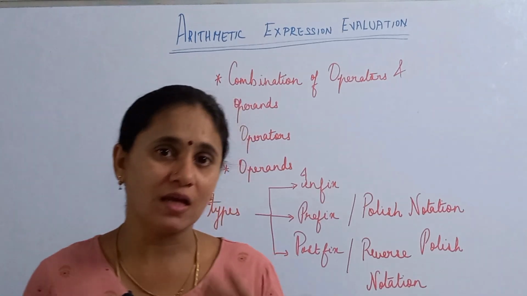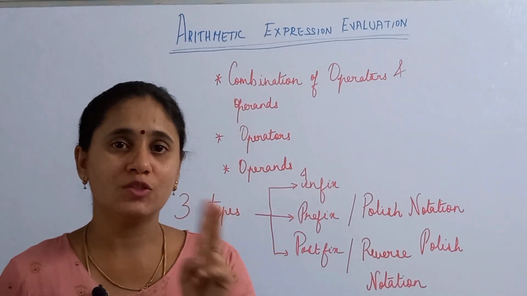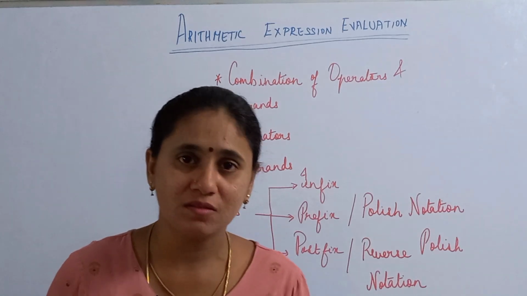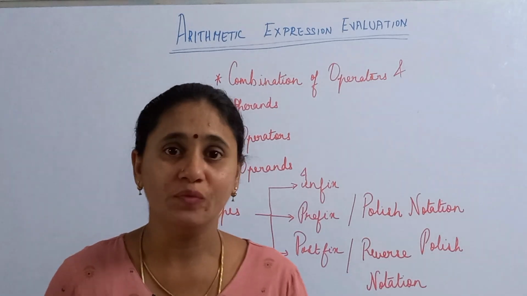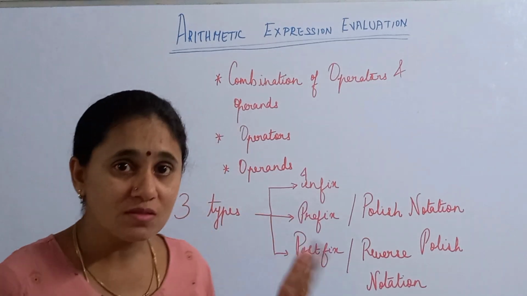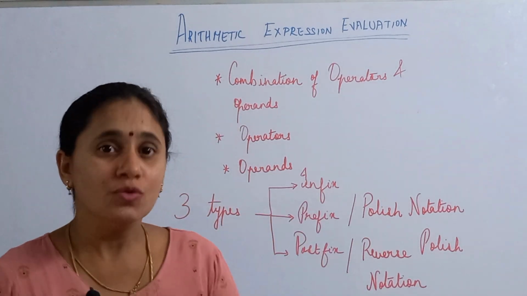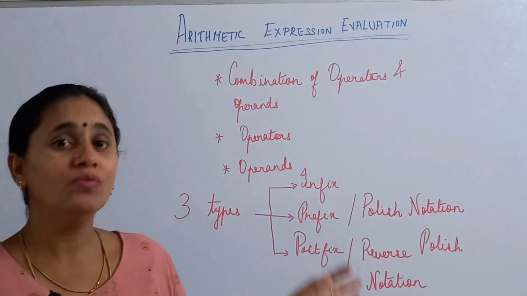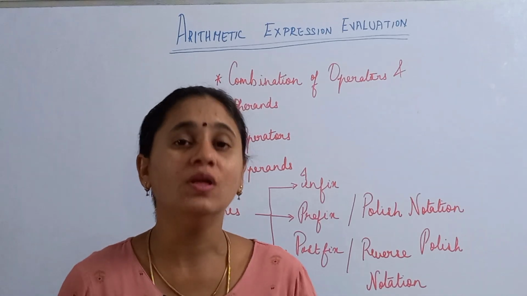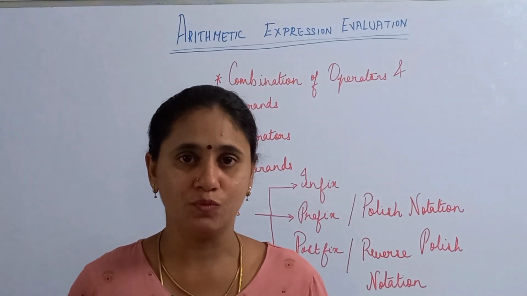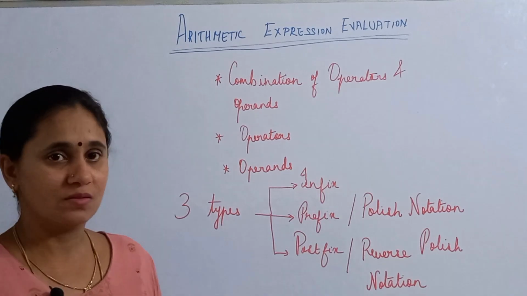For example, as I asked you, 4 into 3 plus 12, what will be the answer? 4 into 3 is 12 and 12 plus 12 is equal to 24. We are thinking and answering, but how can the system do it? It cannot. So these are a set of steps or algorithms we give to the system for giving the answer as 24. That we are going to discuss.